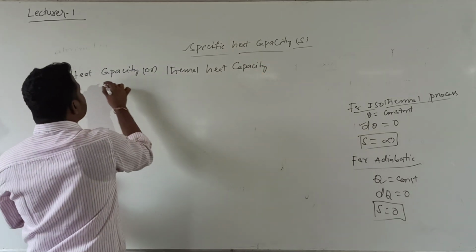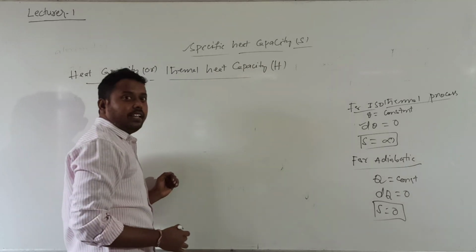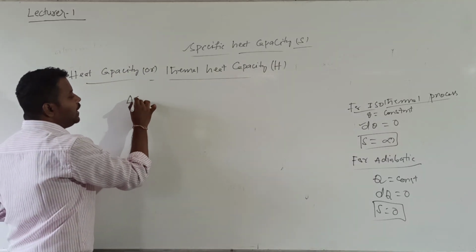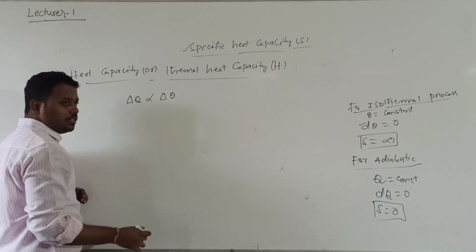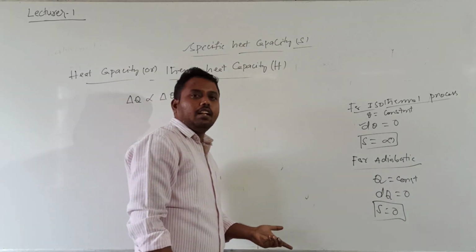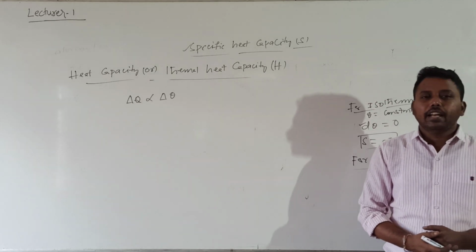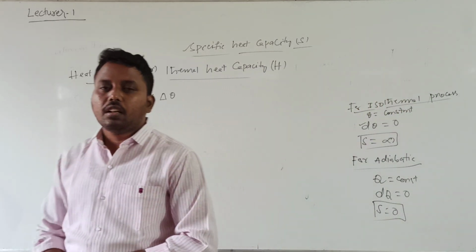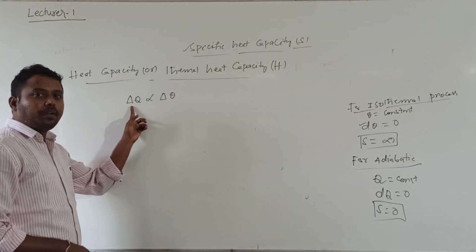It is represented by the symbol H. In this case, we will not specify the mass. The amount of heat required is directly proportional to rise of temperature. Obviously, when mass is not mentioned, how much heat needed to supply is directly proportional to how much temperature to be raised.